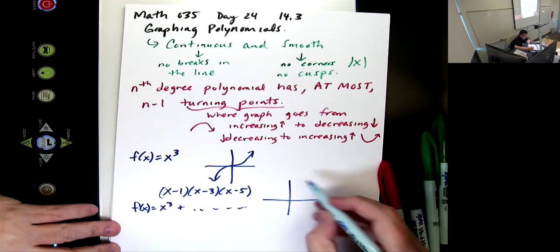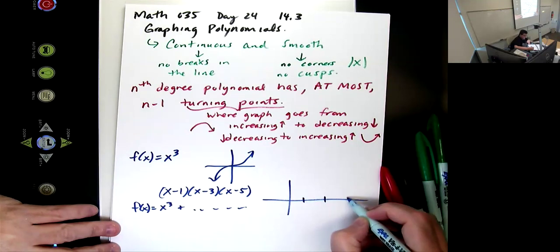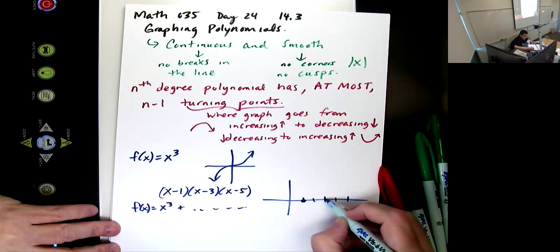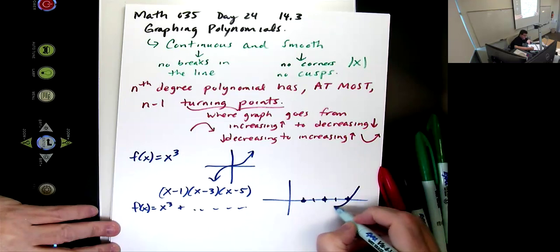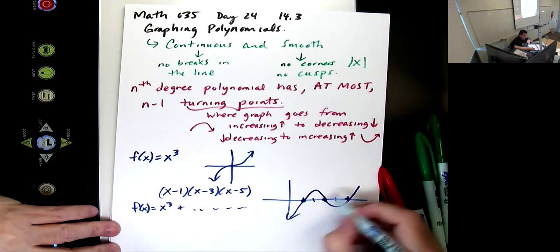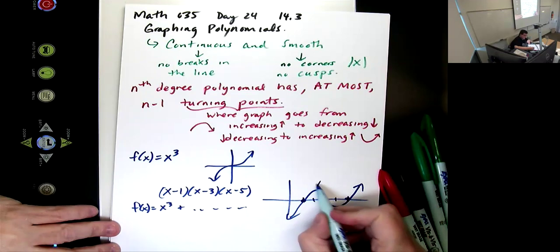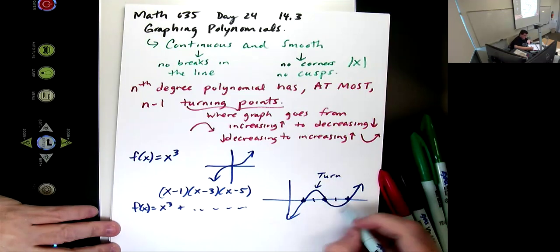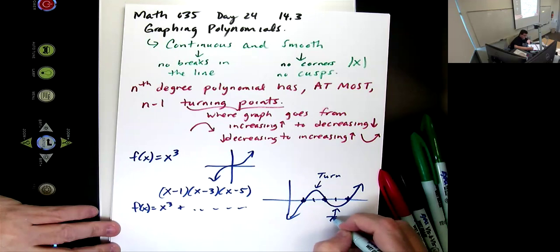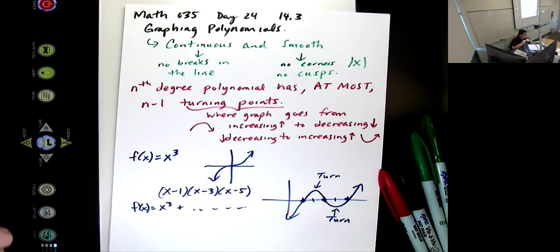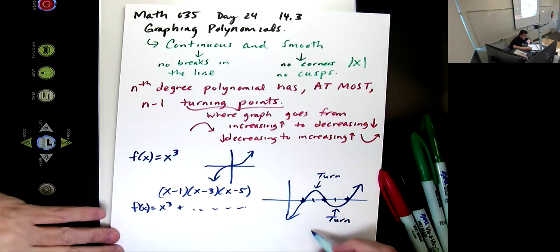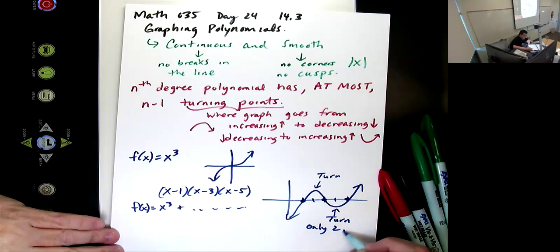This is going to go through 1, 3, and 5. It's going to do something like that. So it turns here and it turns there. Those are called the turning points. And notice there's only two, which is 3 minus 1, or n minus 1.